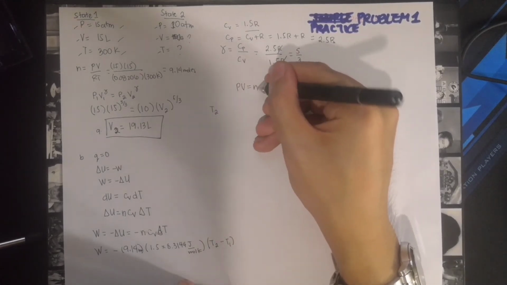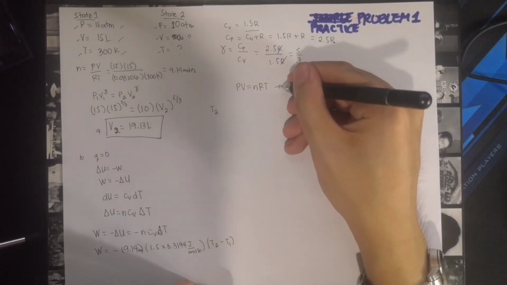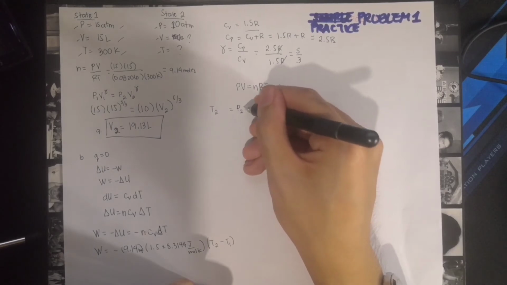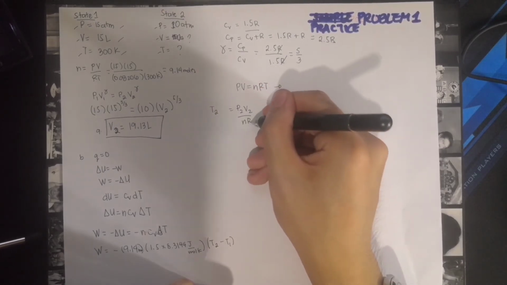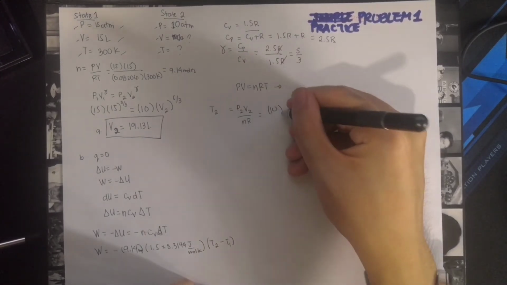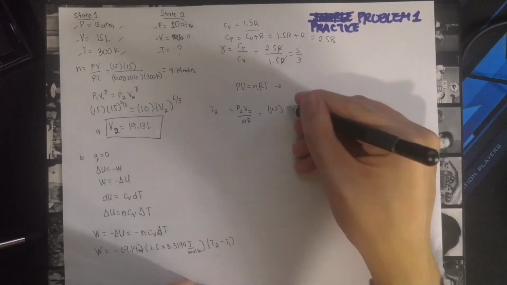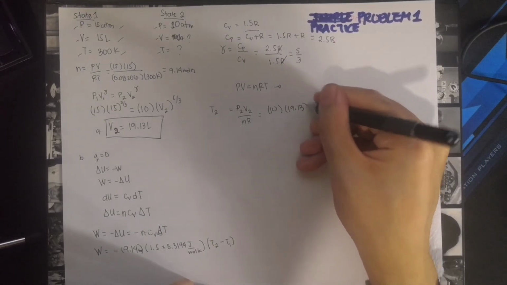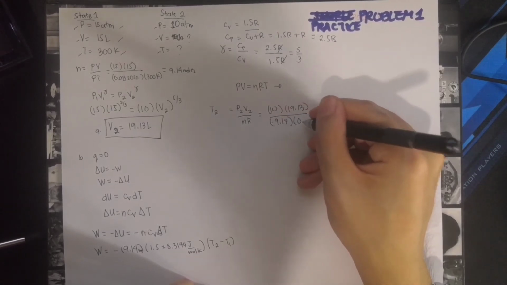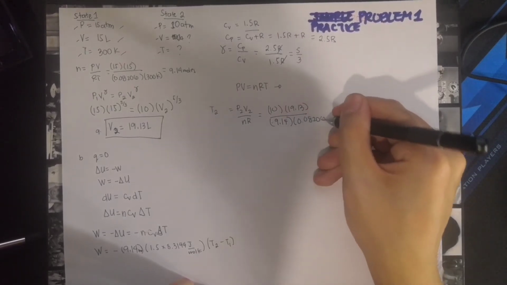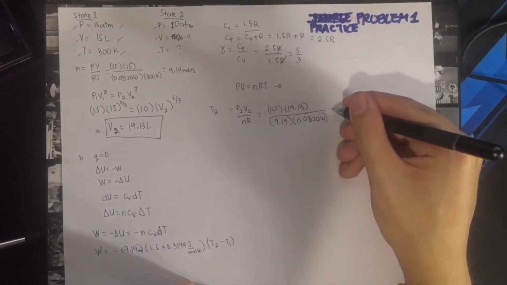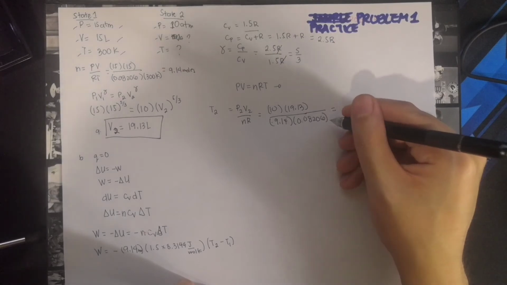PV is equal to nRT, so T2 is equal to P2 V2 over nR. P2 is 10, V2 is 19.13, n is 9.14, and R is 0.08206 liter atmosphere per mole Kelvin.